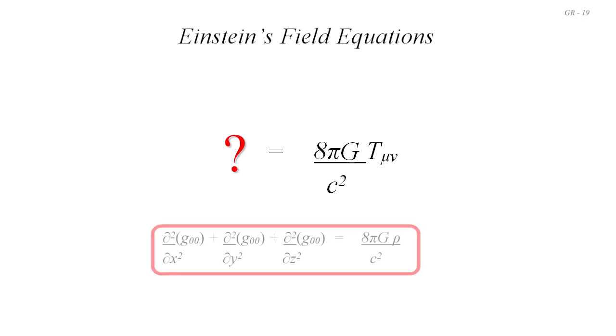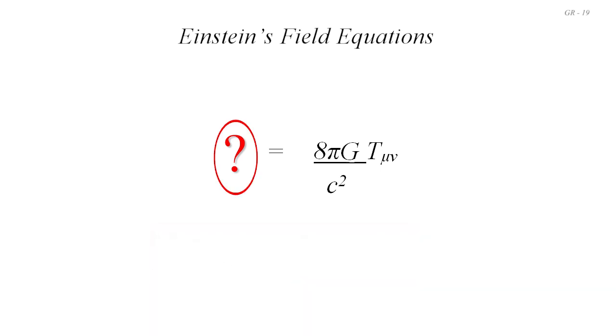Even the contrived Newtonian equation contained double derivatives of g00, and we would expect the left-hand side here to be much more complicated and contain aspects of all 16 components of the metric tensor, not just g00. However, for the moment, let's put this left-hand side in as an unknown tensor and label it G mu nu.